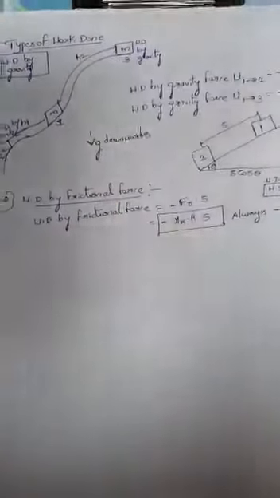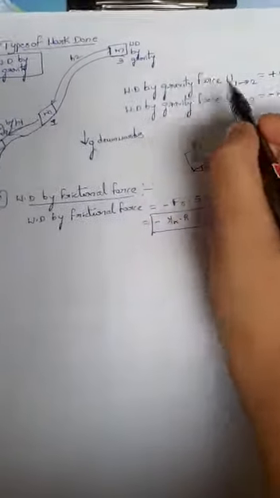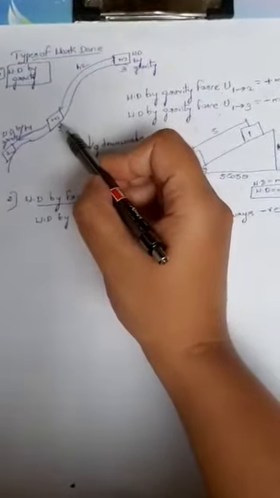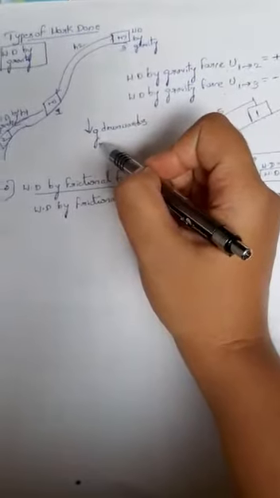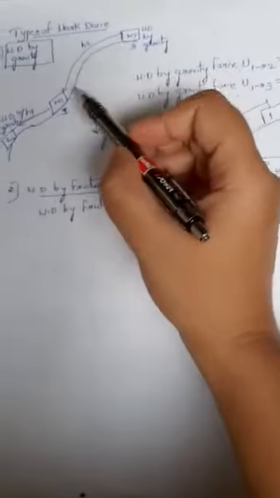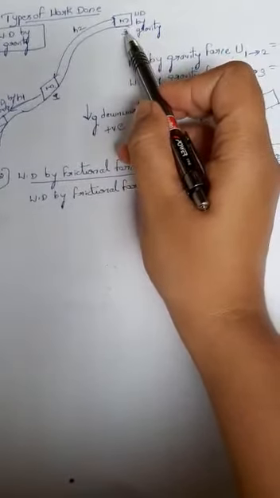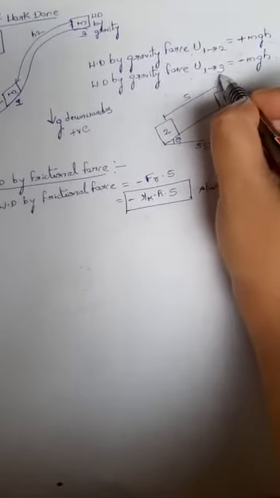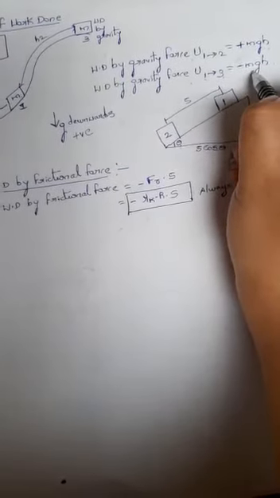Now the most important thing to remember here is the work done by gravity force, the sign conventions. You can see here work is done against the gravity. Gravity is always acting downwards, so the downwards sign I will consider as positive. But the block is moving against the gravity from position 1 to position 3. So in this case my work done from position 1 to 3 will be negative, because the work done is against the gravity.